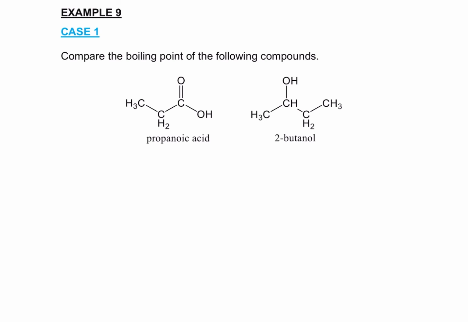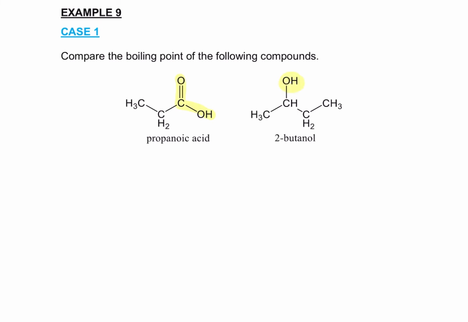So next, I'm going to describe in bullet points based on their comparison of boiling point. Between propanoic acid and 2-butanol, both of them can form hydrogen bonding. So propanoic acid, you got carboxyl group here, and for butanol, you got hydroxyl group.